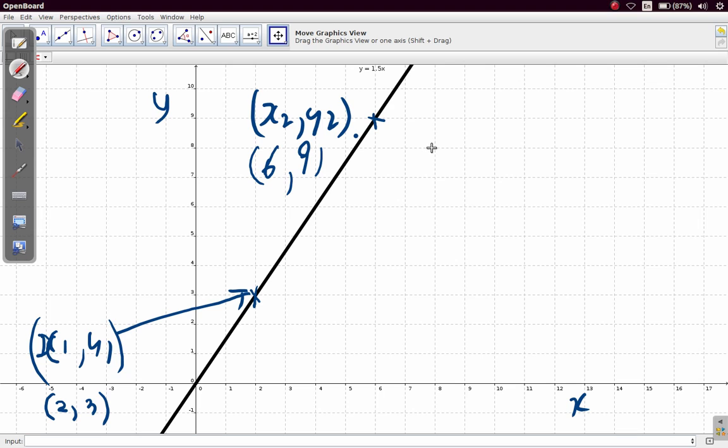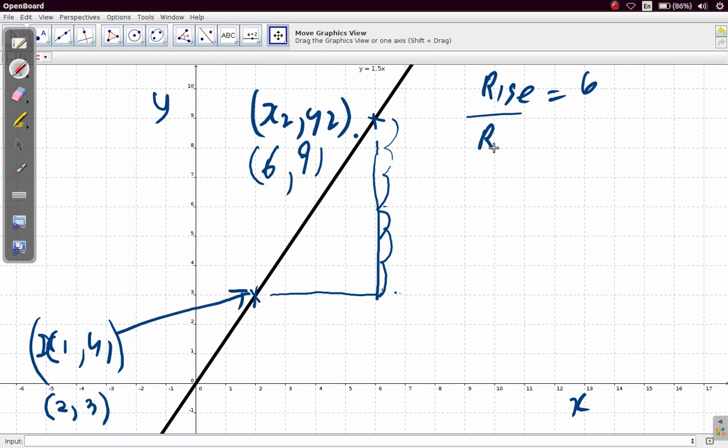Now, we can see that if we draw our right angled triangle by drawing a vertical line from one point and a horizontal line from the other point and see where they intersect, the height of this triangle is from here 1, 2, 3, 4, 5, 6 units. So our rise is 6 over our run.